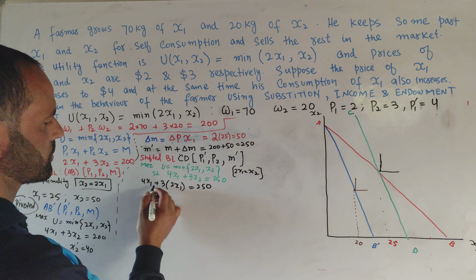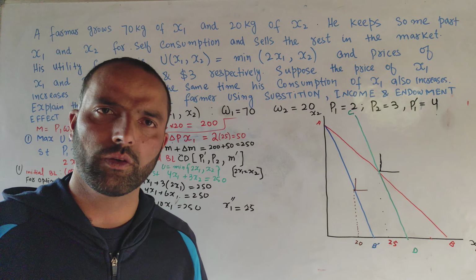So it is 4x1 plus 6x1 equal to 250. Dividing both sides by 10, we get x1, let's denote it by x1 double prime, and it comes out to be 25. So x1 is coming out to be 25 again.